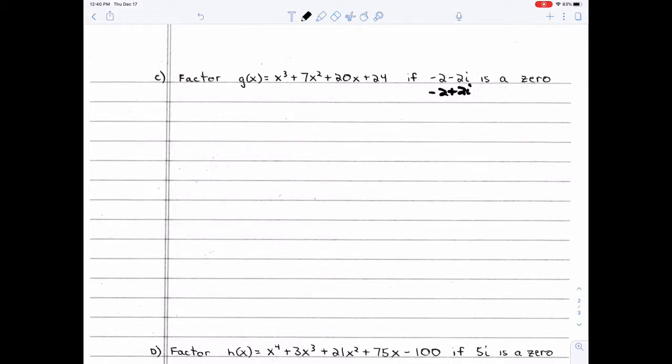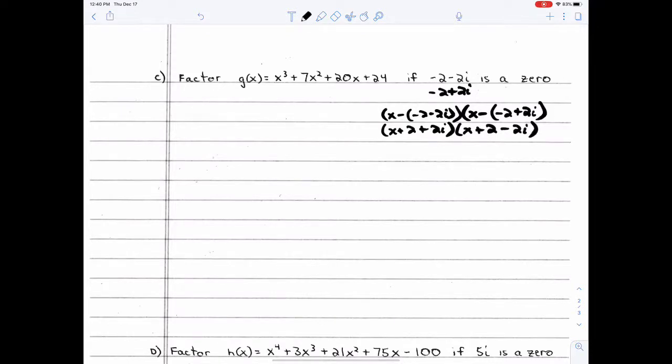So we'd have x minus negative 2 minus 2i. I'm not writing y equals here because I already have g of x equals, so I don't need that. I'm just finding the quadratic. And then x minus negative 2 plus 2i. So we'll distribute: x plus 2 plus 2i, x plus 2 minus 2i.